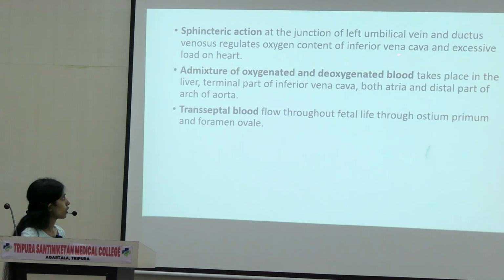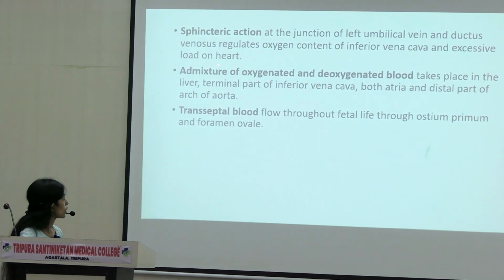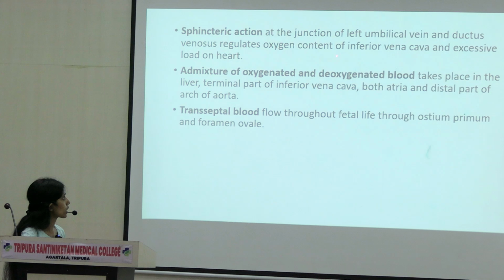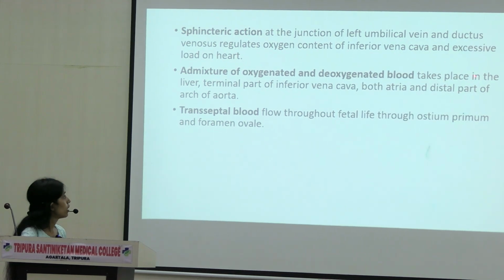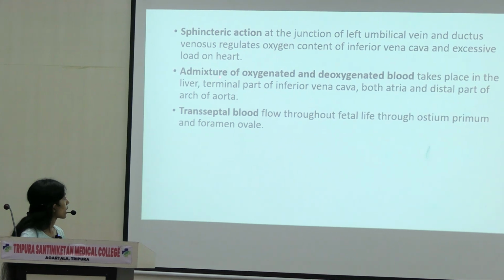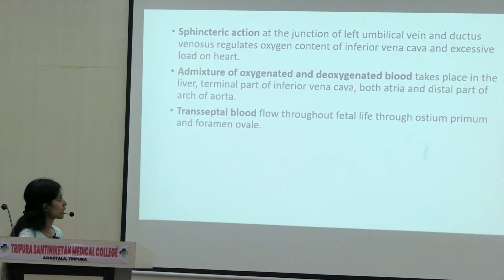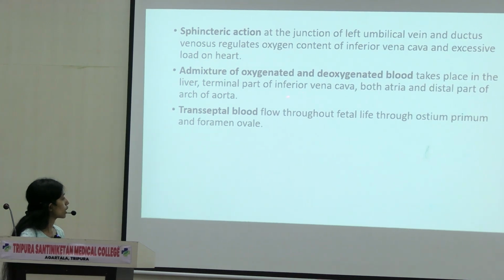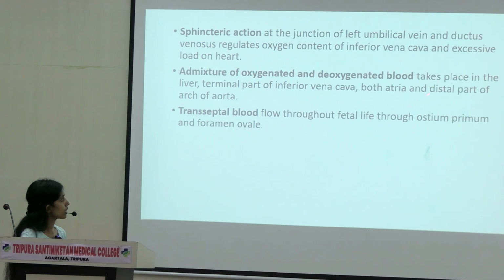At the junction of the left umbilical vein and ductus venosus, it regulates the oxygen content of the inferior vena cava and the excessive load on the heart. Next we have the mixture of oxygenated and deoxygenated blood. It takes place in the liver, the terminal part of the inferior vena cava, both atria, and the distal part of the arch of the aorta.